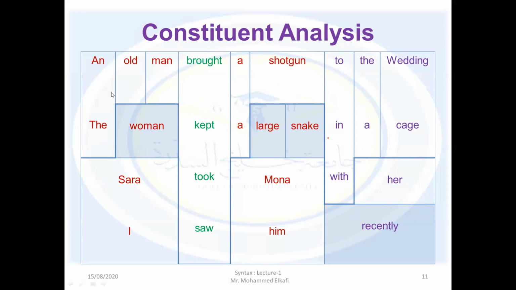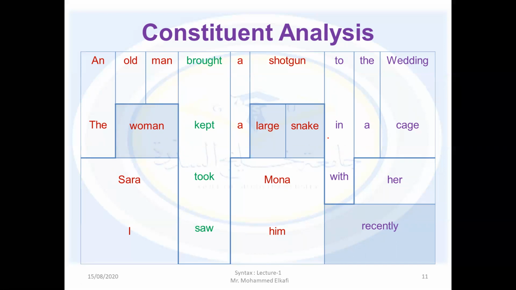Inside the noun phrase, we'll find some other components. First, here we'll find an and the, the articles. Then we'll find what? The adjective old. And the last will be what? The noun itself. Yes, man, woman, Sarah, and I as a pronoun. You remember that pronouns replace nouns.